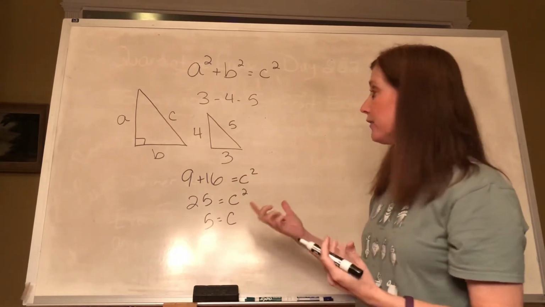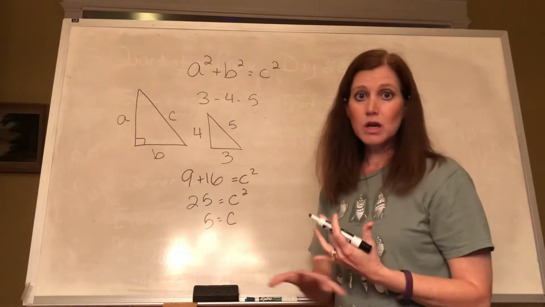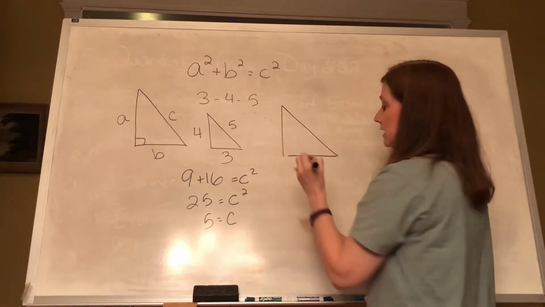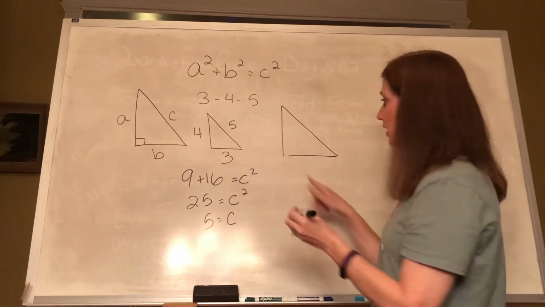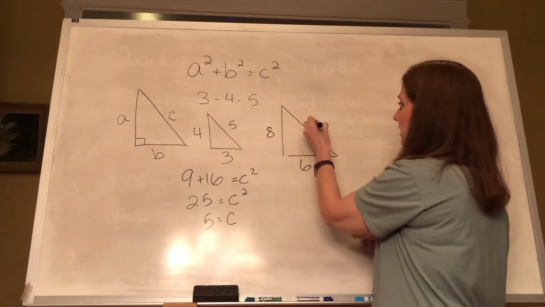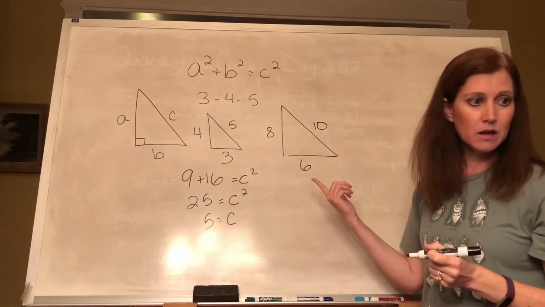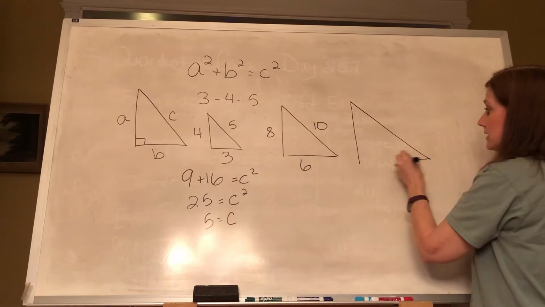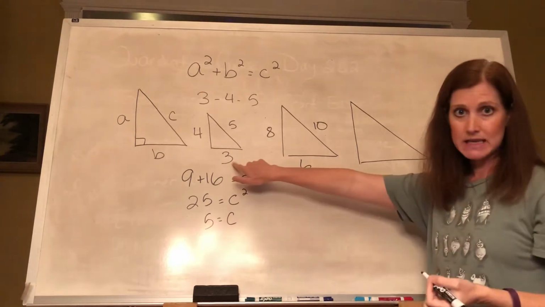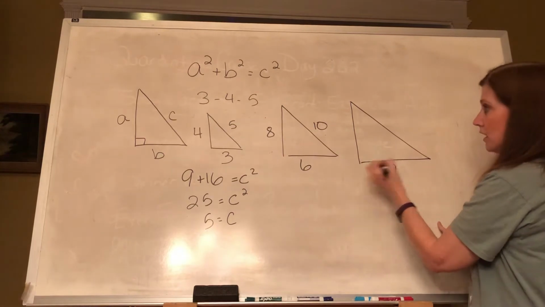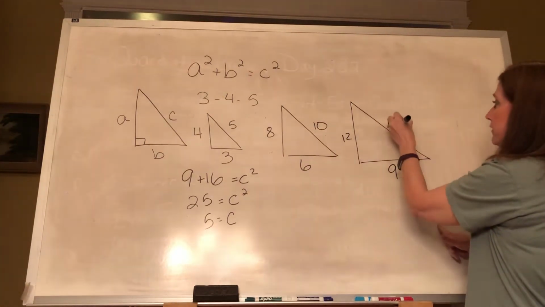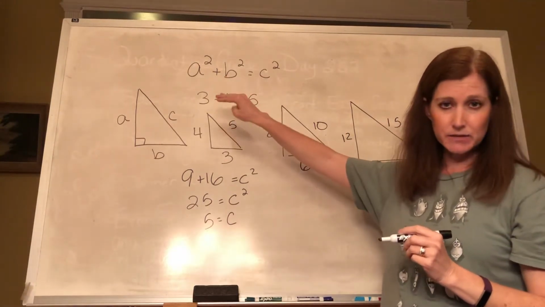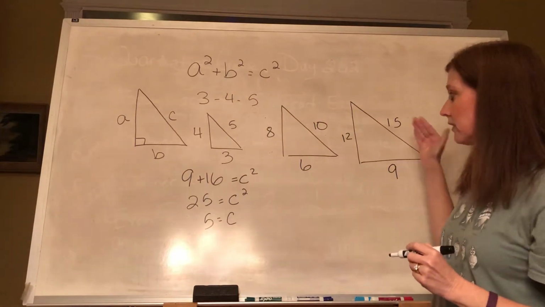Using a scale of 2, if I multiplied each one of these sides by 2, I would have a 6, 8, 10 triangle. If I multiplied each of those sides by 3, then I have a 9, 12, 15. You can see how these are all based on that 3, 4, 5 triangle, just scaled up a little bit.